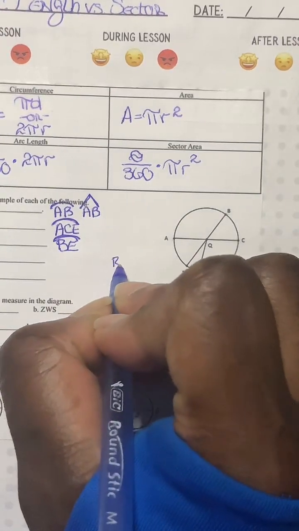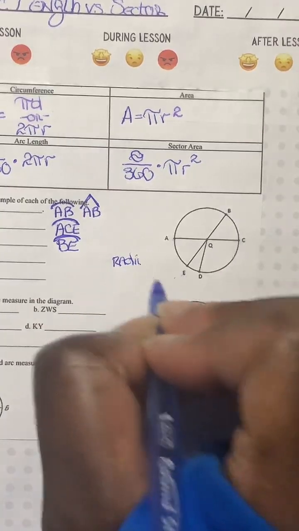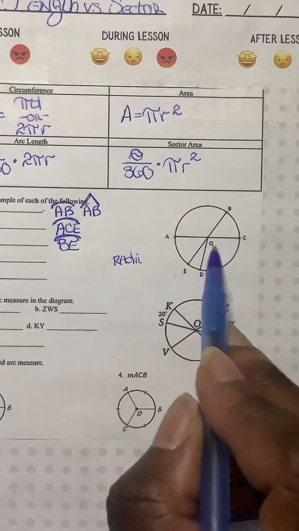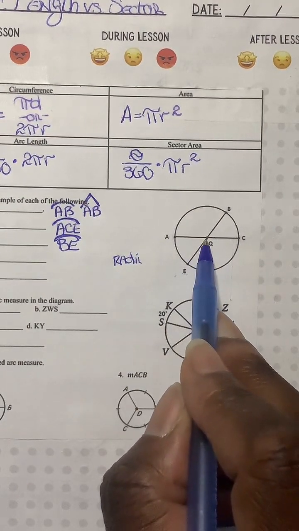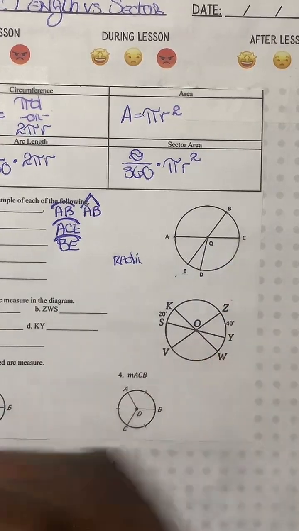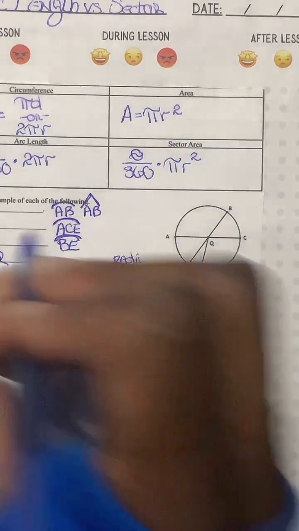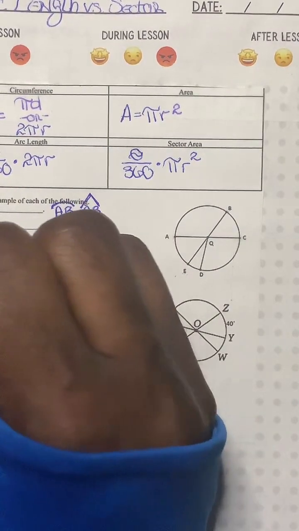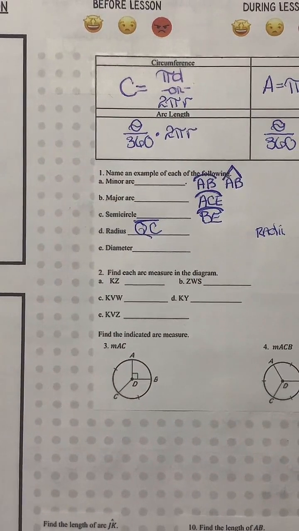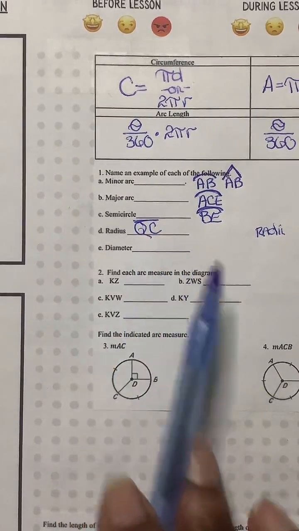I'll even spell it for you. Radii, double i. As long as you have one point that's the center of the circle and the other point that is on the circle, that is called your radius. So I can go QC, and that is still a segment because I have 2 endpoints. It's still going to be called a segment.